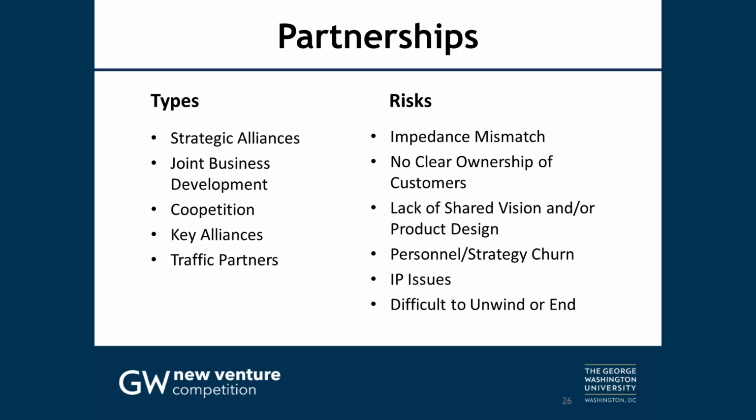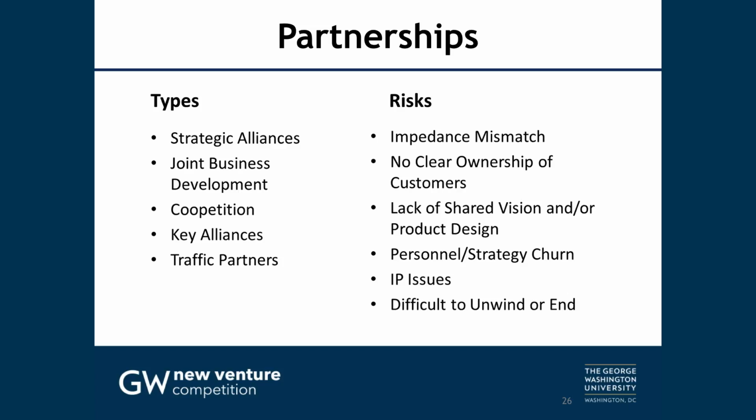Second thing is joint business development. This is related to the capital efficiency, for example, I talked about earlier, or maybe about access to markets. By working with a partner, you may be able to jointly develop business that separately you may not have been able to do. Co-opetition is where you are working with competitors on something where you do have a mutual interest in pursuing.